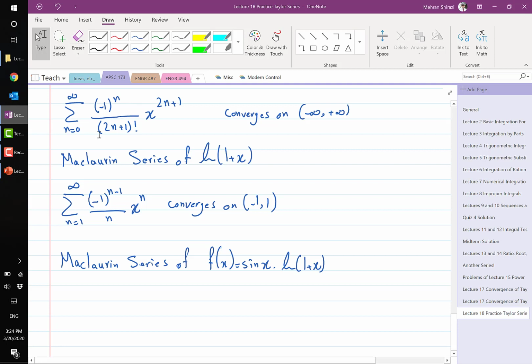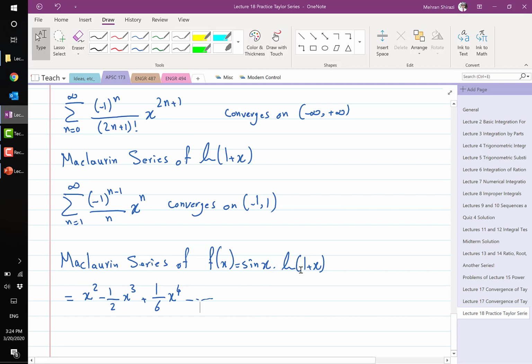I don't write all the terms, it gets very messy. I just write a few of the terms; calculate and make sure you get what I get, which is x^2 minus half of x^3 plus 1/6 of x^4. You can keep going. So write a few terms of each, multiply them, and you get something like this. This is the Maclaurin series of this times this.